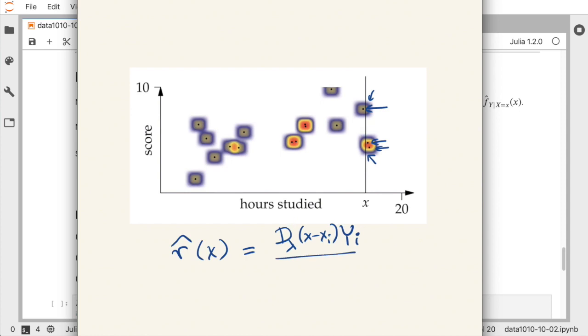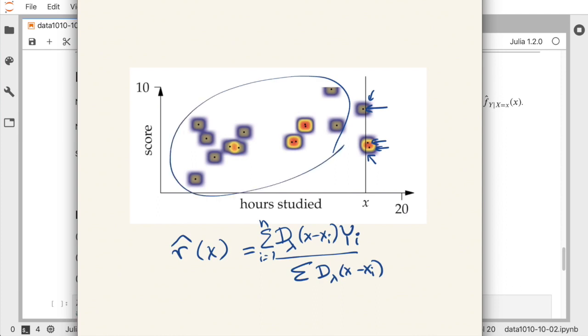So we want to do a weighted average, so we need to divide by the total of the weights. It doesn't hurt to just sum over all n observations, even though we're ultimately interested in only the ones that intersect that vertical line, because d lambda of x minus xi is going to be 0 for all these points that are too far away to contribute. So just for simplicity, we'll include them all.